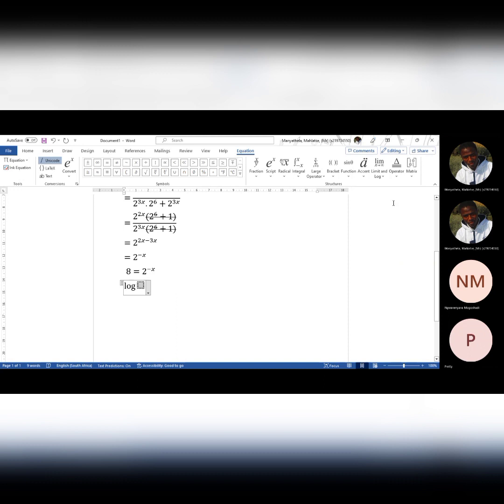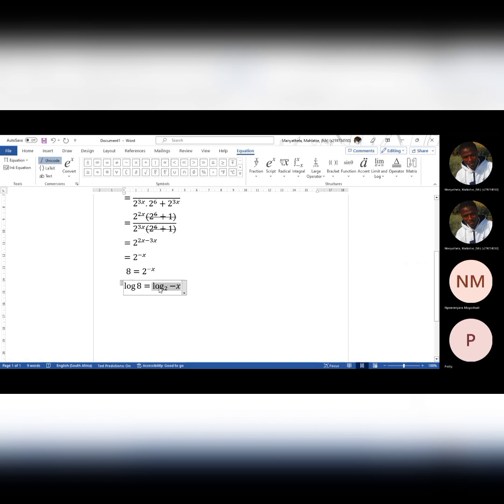Log 8 equal to log of negative x, base 2. Okay? So the law of logs. The negative x, we can multiply by log 2, or log base 2. So let's write it that way.